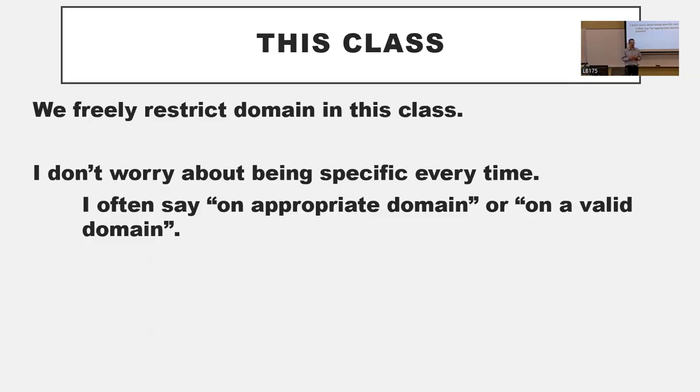But remember, the domain of f is the range of f inverse, and the range of f is the domain of f inverse. So it gets tricky on how we restrict. But on restricted domains, or on appropriate domains, or on valid domains, we can find inverses.